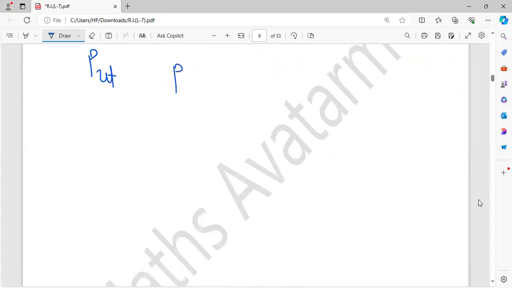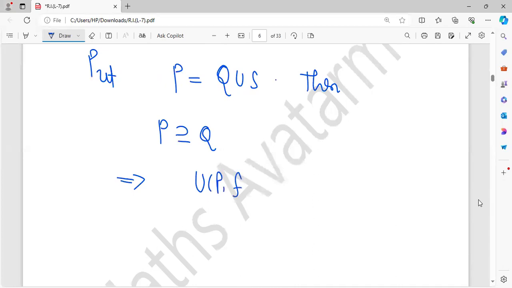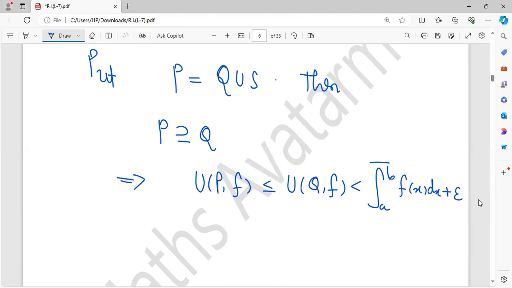Put P equal to the union of Q and S. Then P contains Q. So this implies U(P, f) is less than U(Q, f), but this is strictly less than the integral from a to b of f(x) dx plus epsilon.